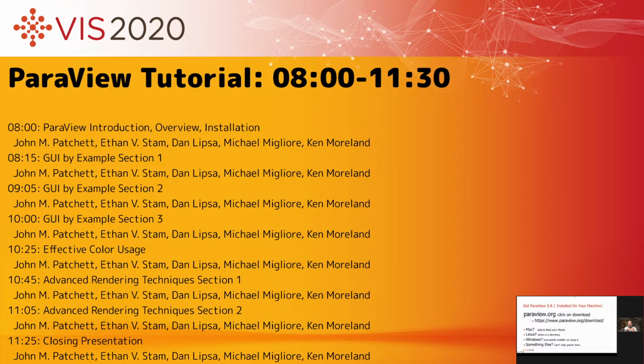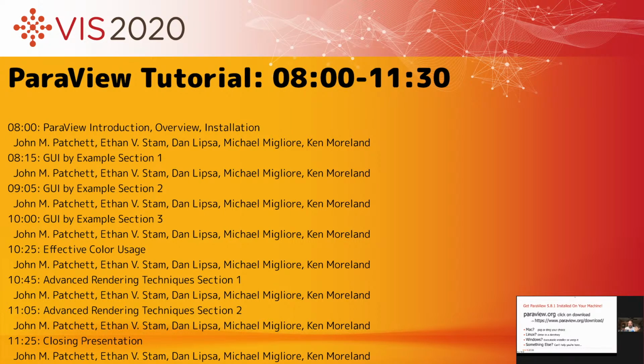So what the slide says, in case it's just the tiniest of thumbnails, is you should go to paraview.org. Our goal is to get you to get Paraview installed on your machine before the pre-recorded videos start rolling. Go to paraview.org, click on download, and download for your operating system.